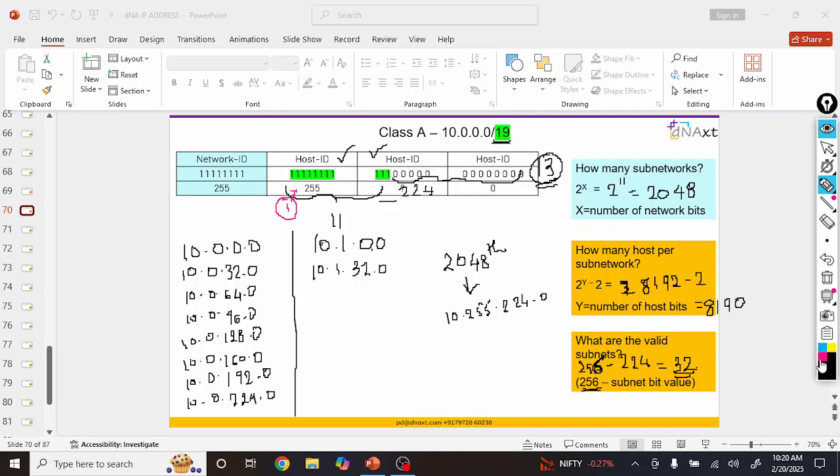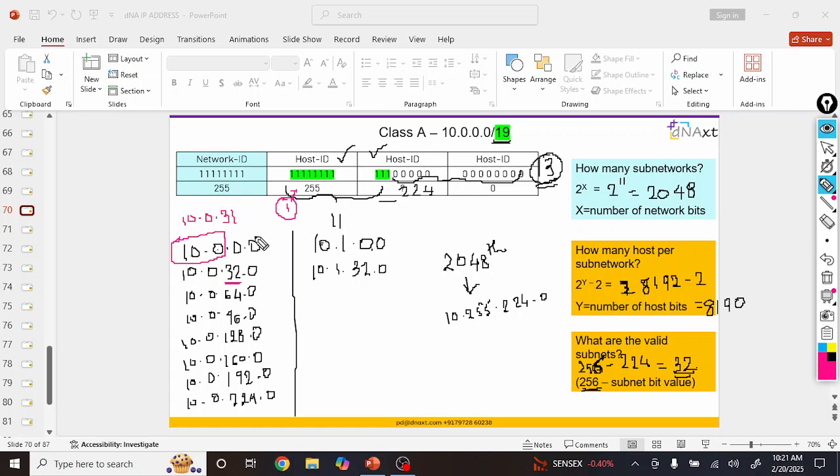Now let's write down their broadcast IDs. What will be the broadcast ID of this? 10.0.31.255. Then 10.0.63.255. So what we are doing is we are not disturbing the first two octets. We will start where we are doing the increment. In the increment octet, you have to write the previous number while writing the broadcast ID.